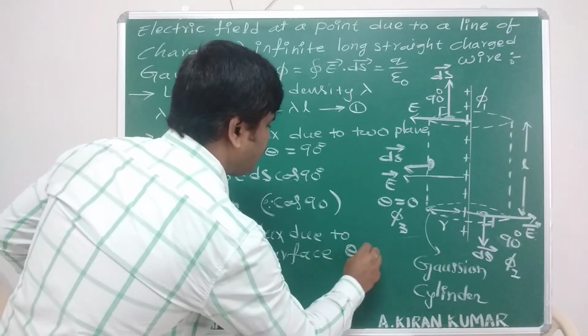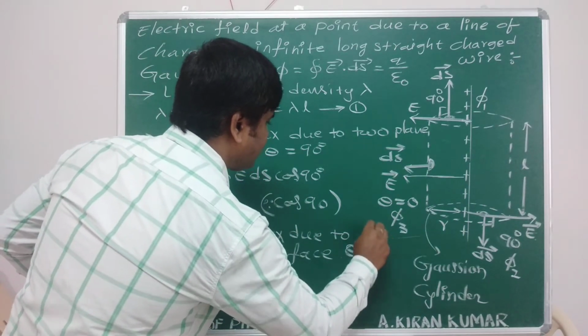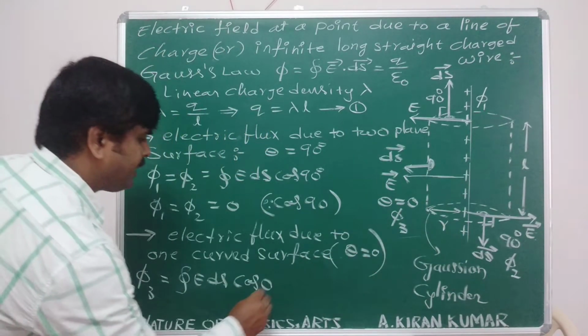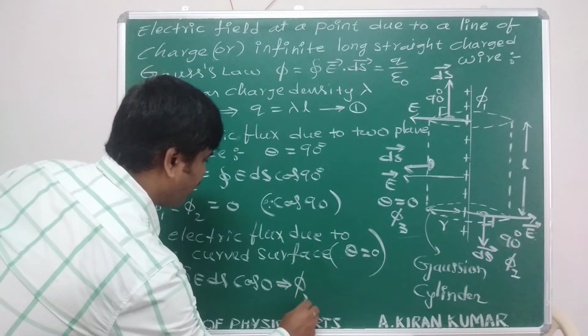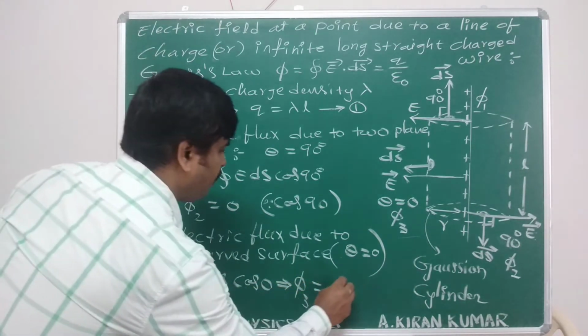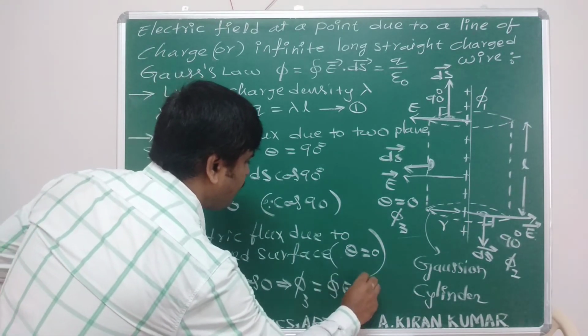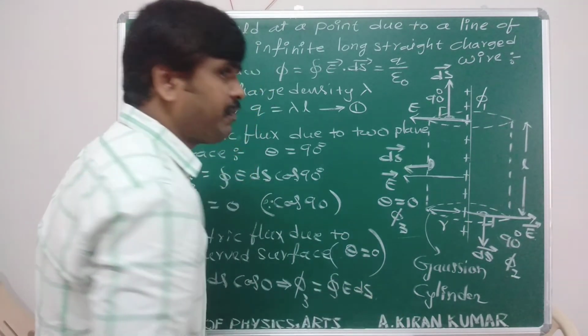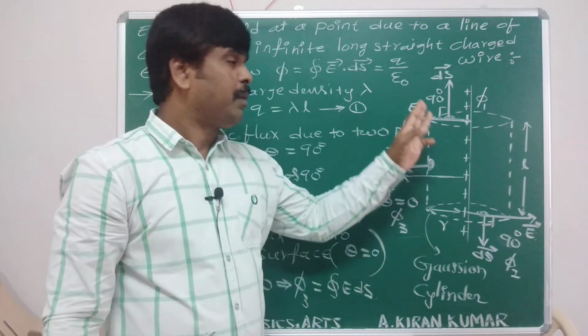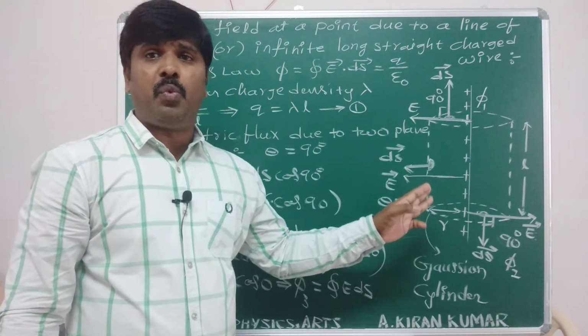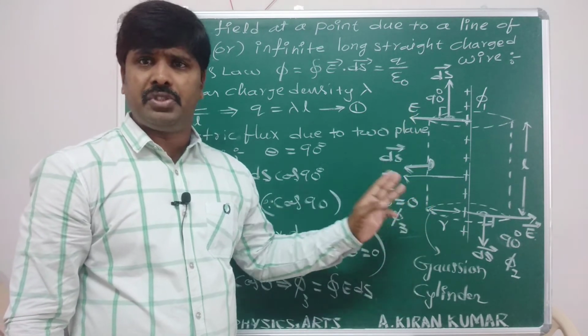Here theta is equal to 0, and cos 0 is equal to 1. We will get phi 3 equal to closed integral E into ds. So we got the three fluxes due to the uniformly positively charged wire, that is the line of charge.